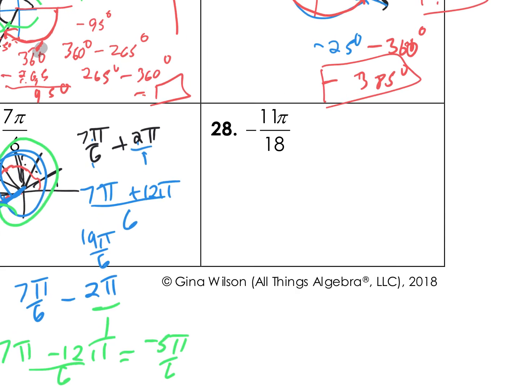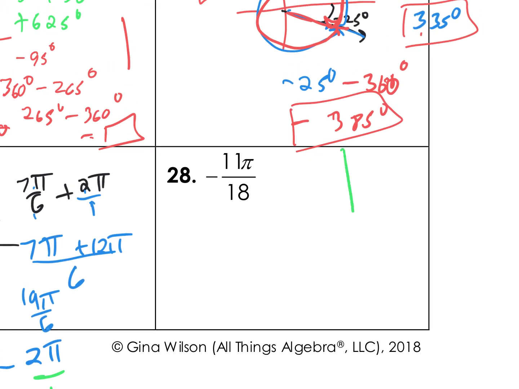One more. It's already starting out with negative. Negative 11 pi over 18. Let's see, how can I do it? Well, I can do a pi over 3 and multiply the bottom by a 6 and the top by an 11.